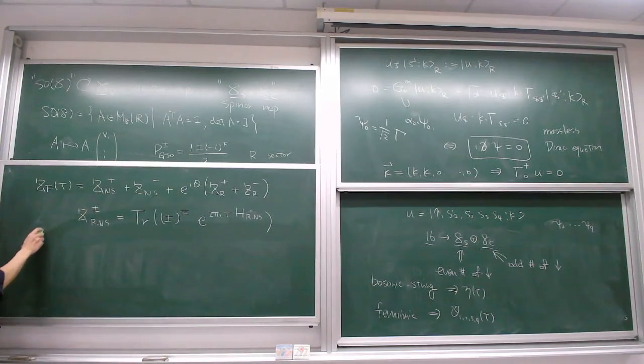Remember, if you have a partition function on the torus with 1 and tau, for fermions you have to be careful about boundary conditions. If you have a non-trivial cycle, you have to specify the boundary condition, either plus or minus.